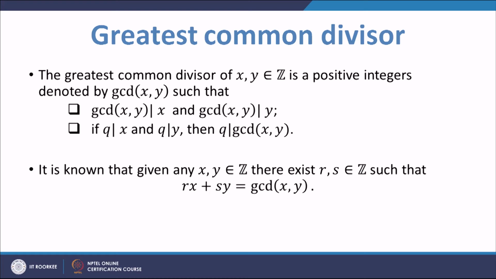If any other integer divides both x and y, then that integer is going to divide the GCD of x and y. Let us look at an example.